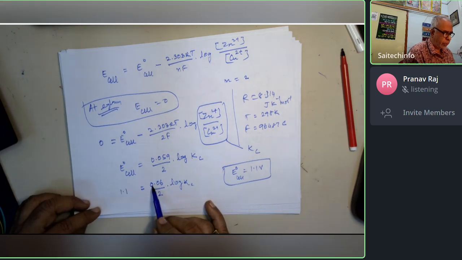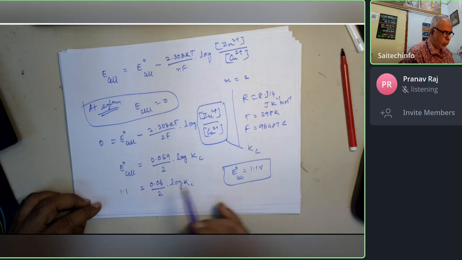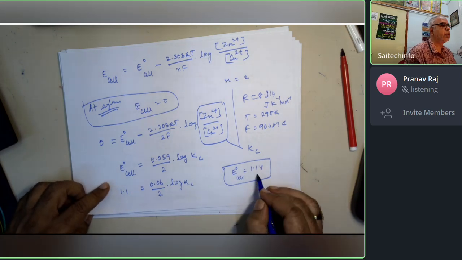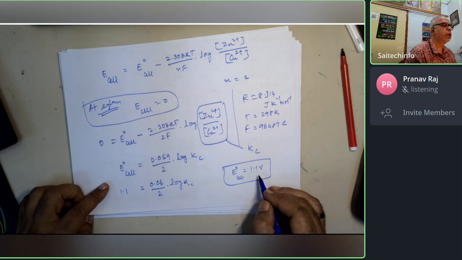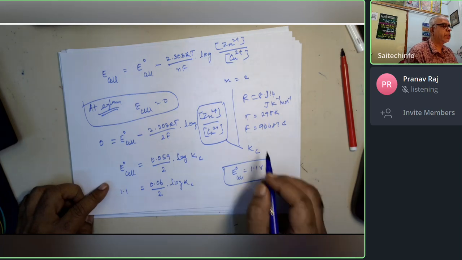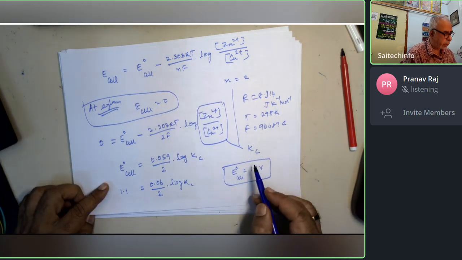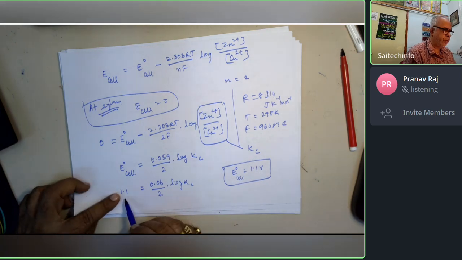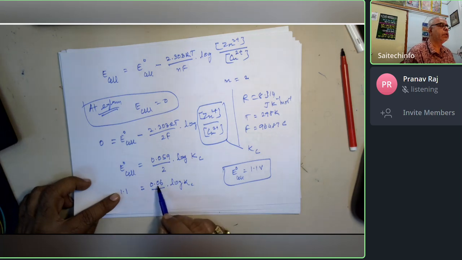Is it okay? 0.06 and 2. So E naught value is 1.1 only. That is given. 1.1 volt is given. That is the E naught cell value. So I put in 1.1, and then instead of 0.059, I have put 0.06 divided by 2 into log Kc.